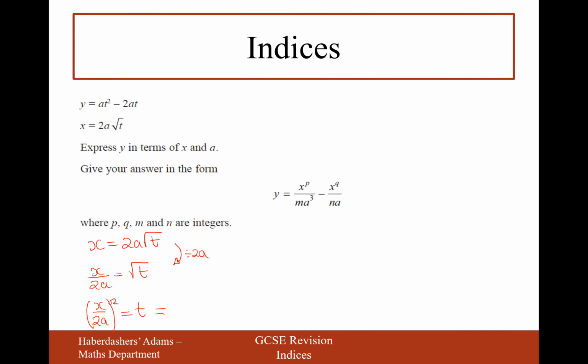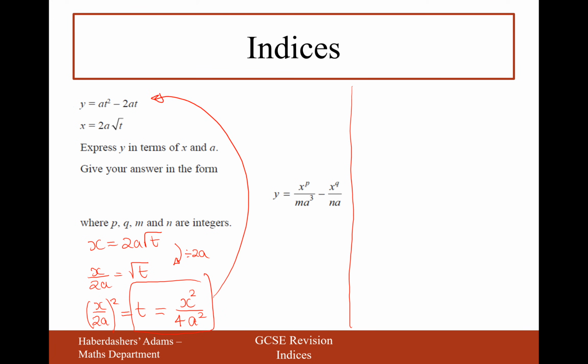Now what's going to be very helpful here is if we expand the brackets with this square here. So it's going to be x squared over 2 squared is 4, and then a squared is a squared. Okay, so t equals x squared over 4a squared. Now let's start rearranging down this column here. So what I'm now going to do, into y is going to go t equals x squared over 4a squared.